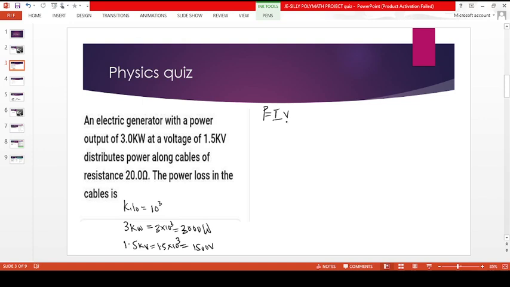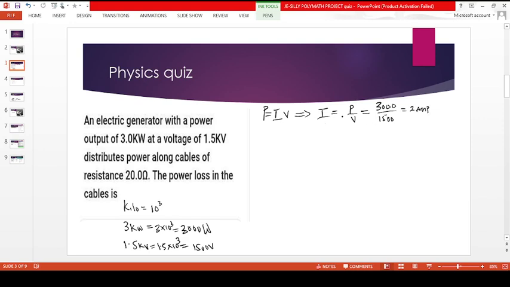Voltage. And then current would entail power divided by voltage. You have to learn how to make things the subject of the formula. Let's obtain our current first. So they said power is equal to 3,000 watts, which is 3,000 divided by 1,500 volts. That would give you 2 amperes.